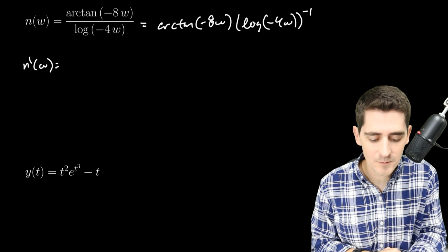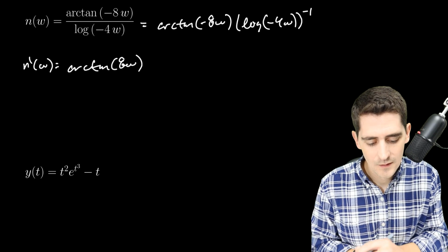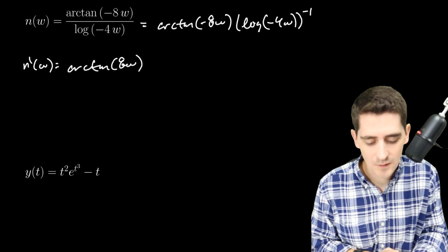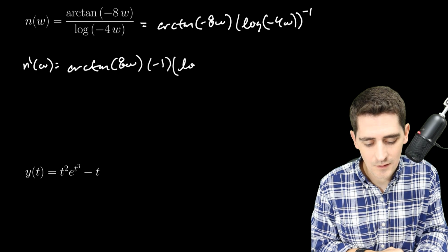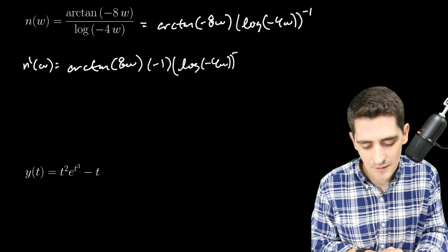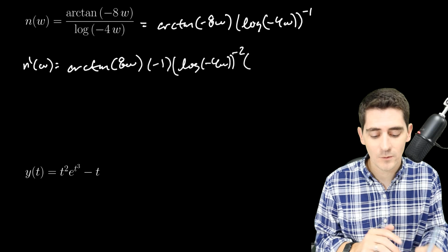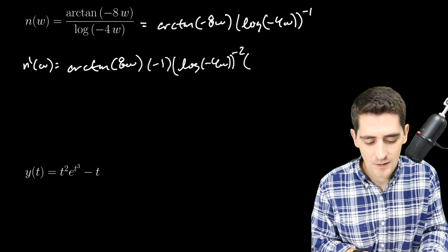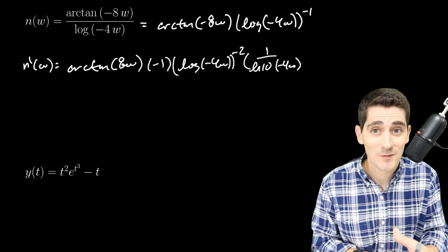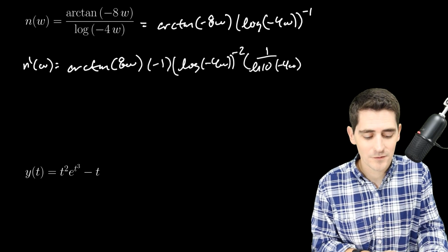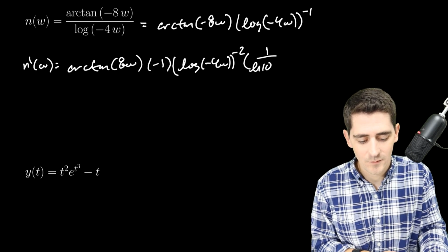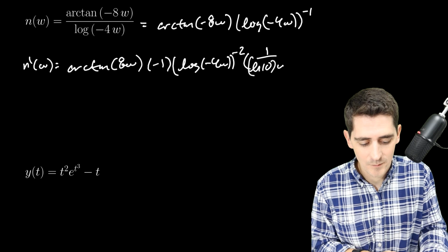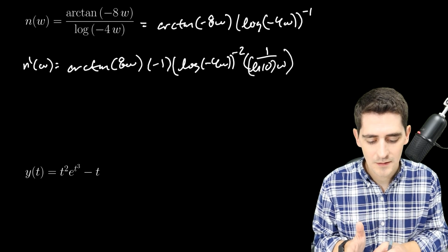So I have n prime of w equals first times the derivative of the second, which is going to be, careful, we have to use chain rule here, negative 1 times log negative 4w to the negative 2 power times the derivative of what's inside, which is going to be 1 over ln 10 negative 4w times the derivative of that, which is negative 4. So notice that the negative 4's are going to cancel, and so I end up with 1 over ln 10 times w. Okay, so that's d1 d2.